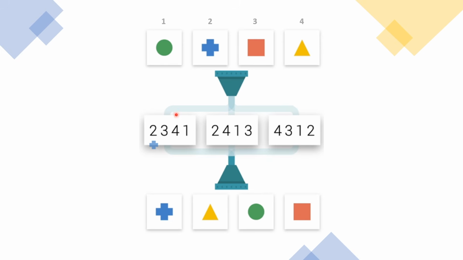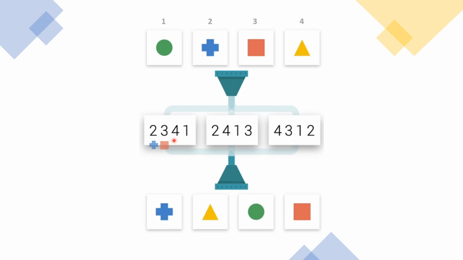So this is the second shape. So this becomes our first shape after it goes through this operation. The second shape is number 3 from the input. So again, we go back to the top. Number 3 is the square, and so we know the second shape from this operator is the square.